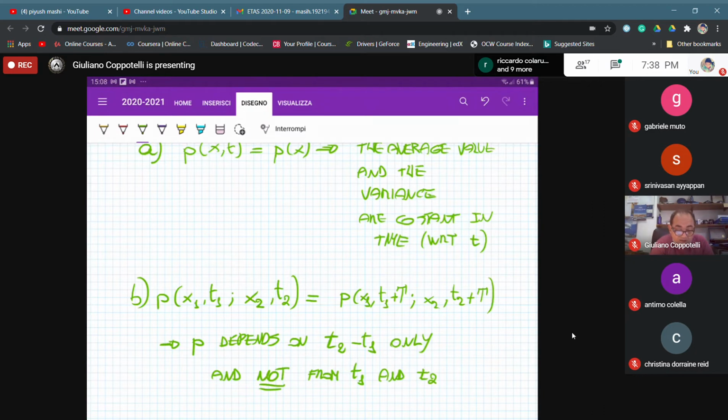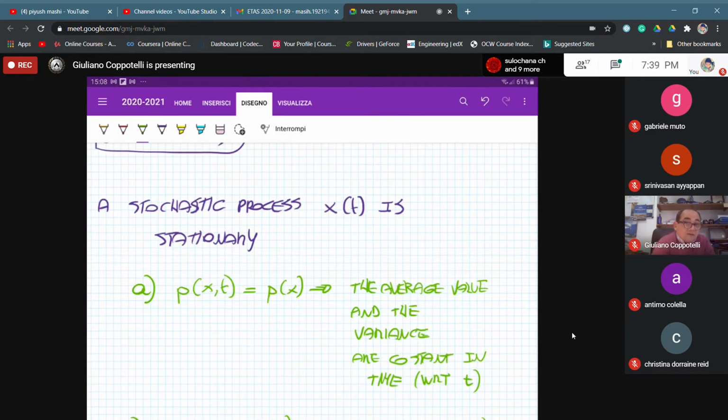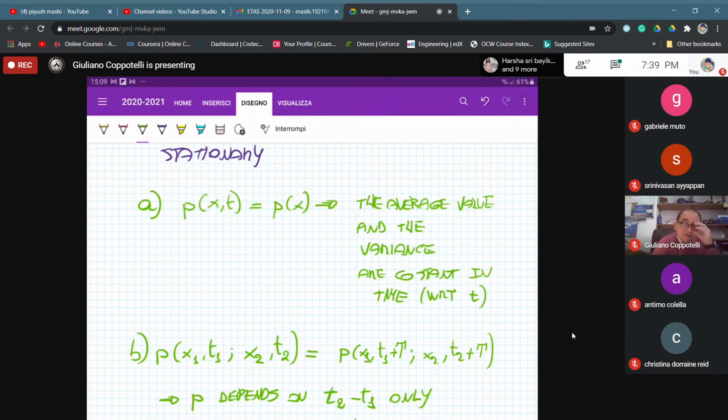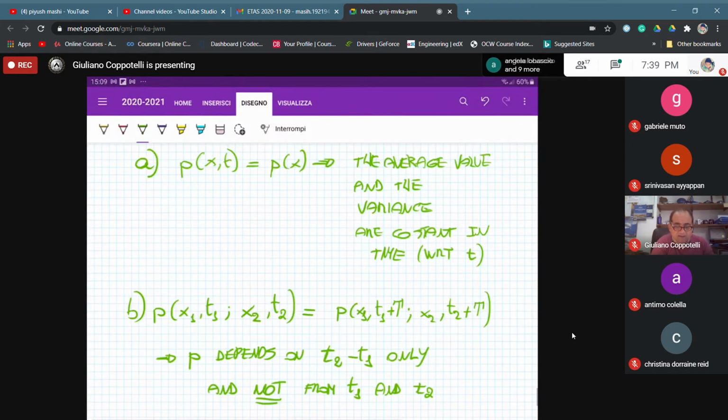So to recap: a stochastic process parameterized by a parameter t is called stationary if t is not important in the evaluation of the probability density function, that is, the average and the variance are independent of time. It should also be satisfied that the probability between two events at two different times depends just on the distance between these two events and not on the value of the starting and ending parameters t1 and t2.